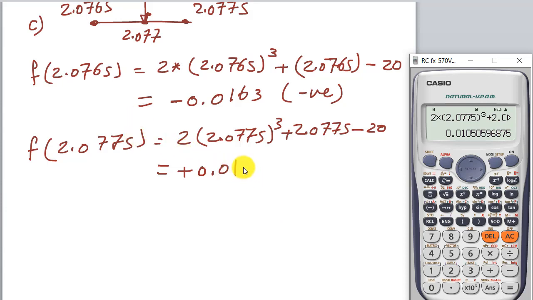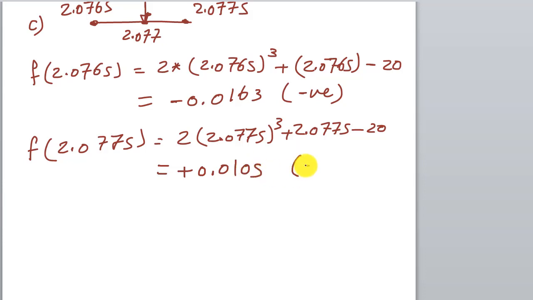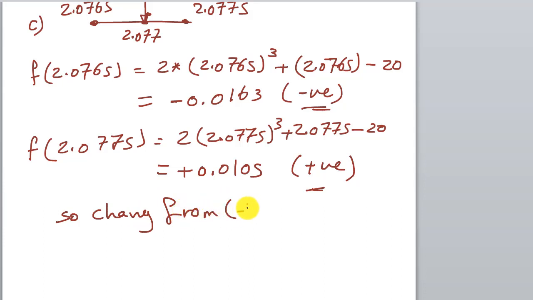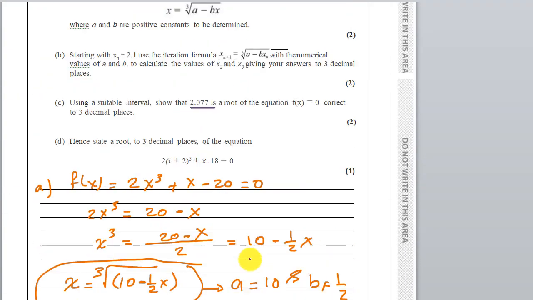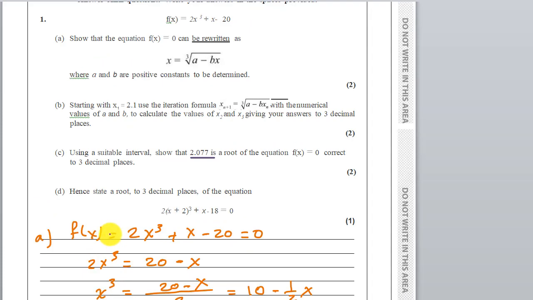So here negative, and here positive, so the sign changes from negative to positive. So the root is 2.077.